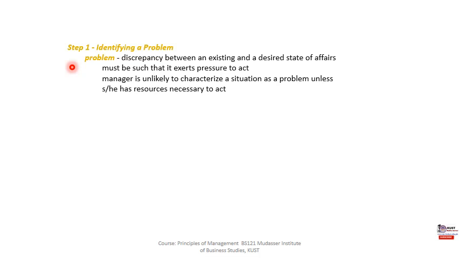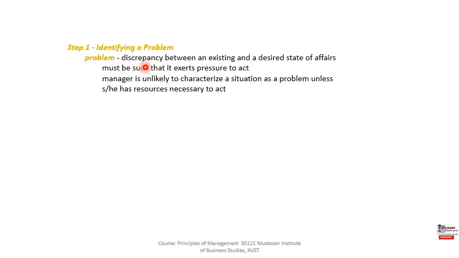It is the discrepancy between the existing and desired state of affairs. For example, there is a specific target that is to be achieved, and there is a target that the company actually achieves. If there is a huge difference between what a company wants to achieve and what it is actually achieving, then we can say that there is a problem.